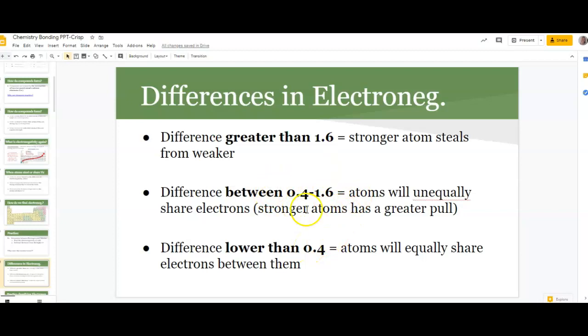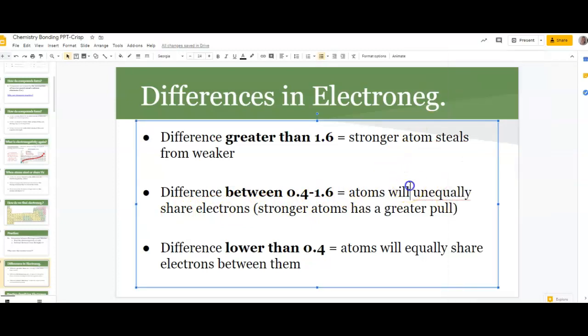If it's somewhere in the middle, then there's sharing going on, but it's not an equal sharing, in the sense of one of them pulling a little bit stronger, but not enough to steal an electron away. If you get to the high end, where there's a really strong difference in electronegativity, then you actually end up having the atom steal from the weaker one. So since ours was 0.9, it falls into this middle category, and we'll learn about that a little bit later.